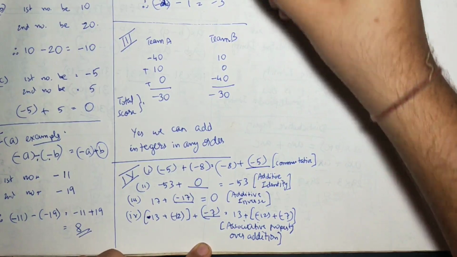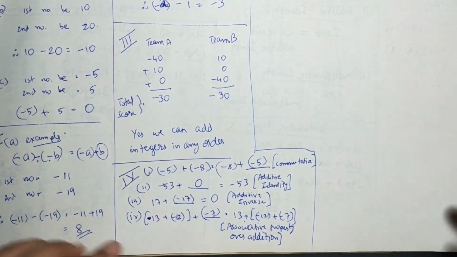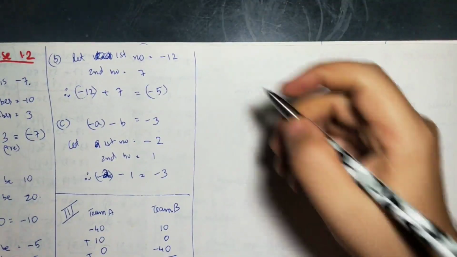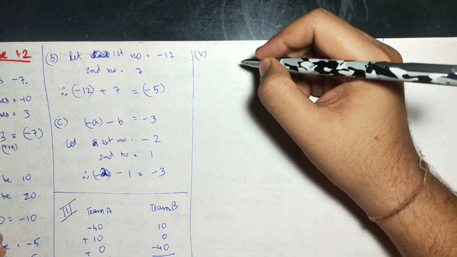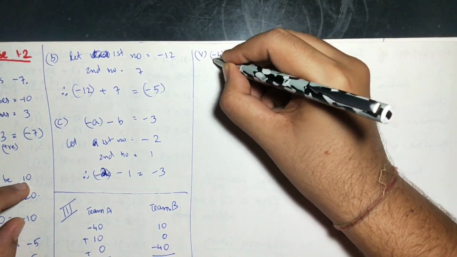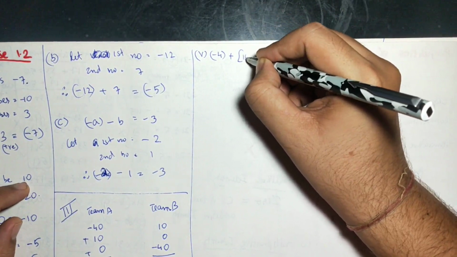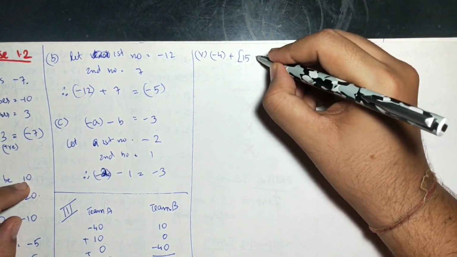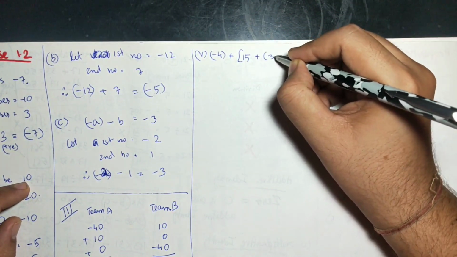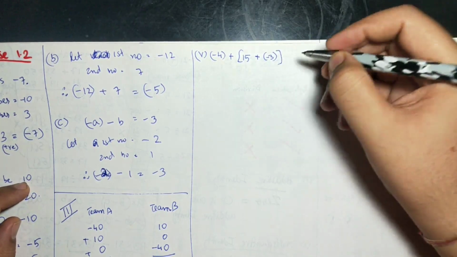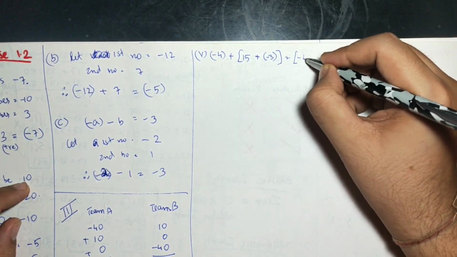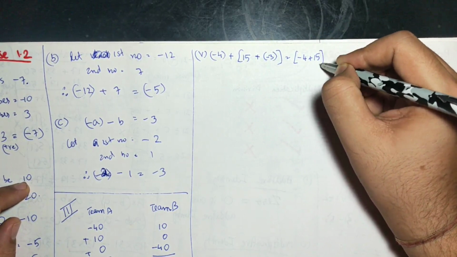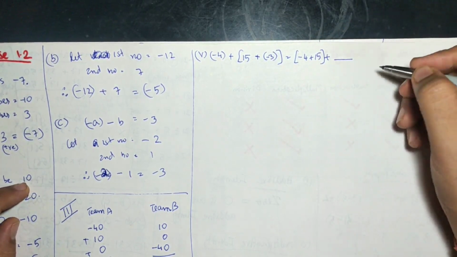Now, the last question for this exercise. Fifth question. Minus 4 plus square bracket open 15 plus minus 3 square bracket close equals square bracket open minus 4 plus 15 square bracket close plus, outside the bracket there is a blank.